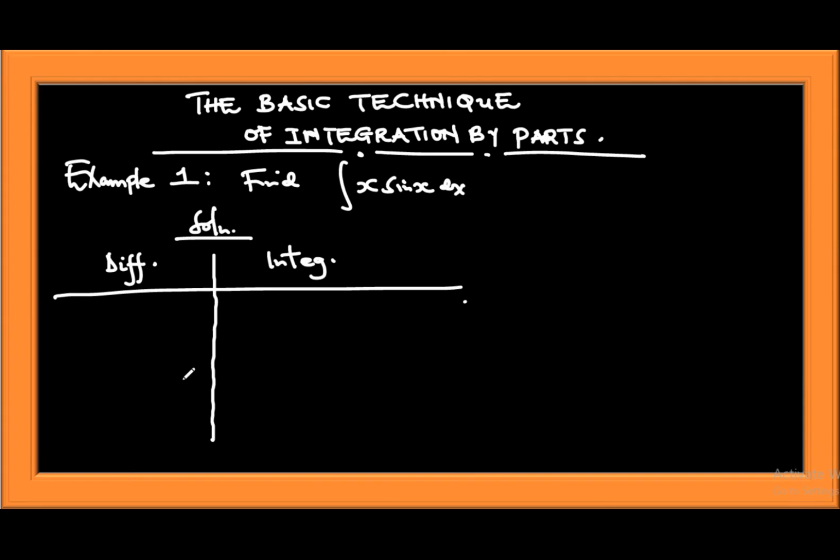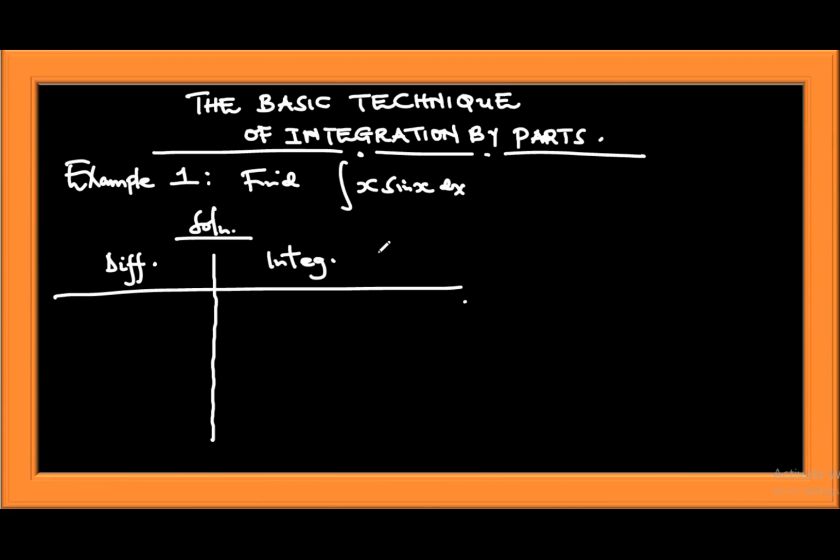Now, what we do here is draw a simple table with a column for differentiation and a column for integration. The question is, which function do we differentiate and which do we integrate?